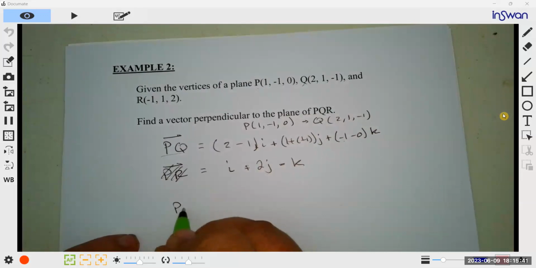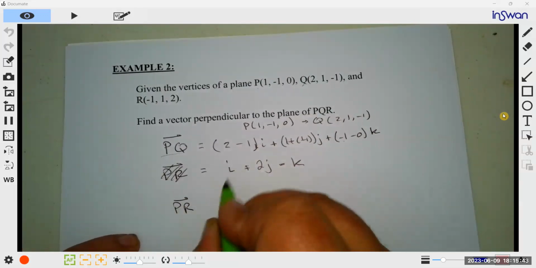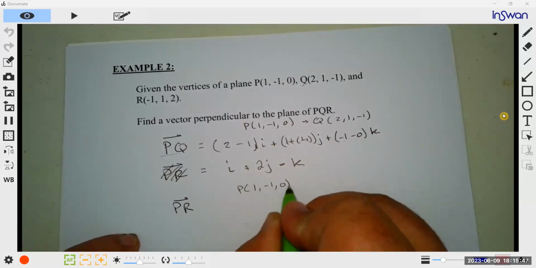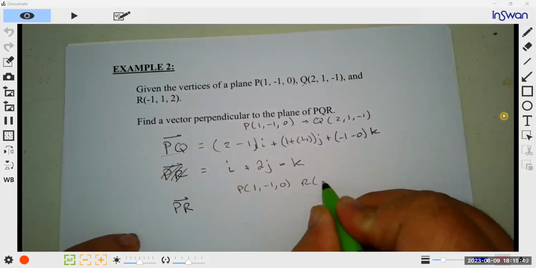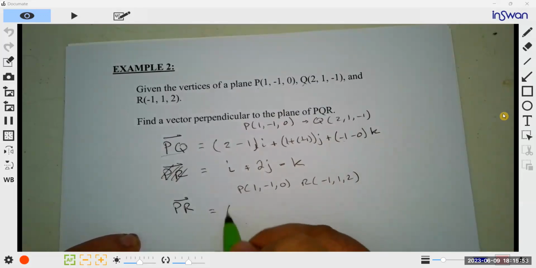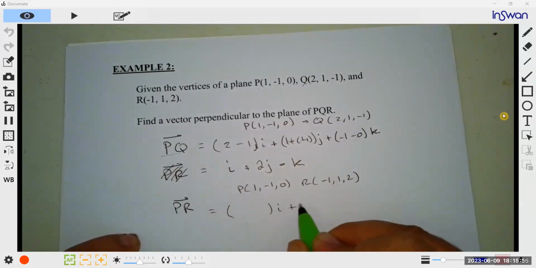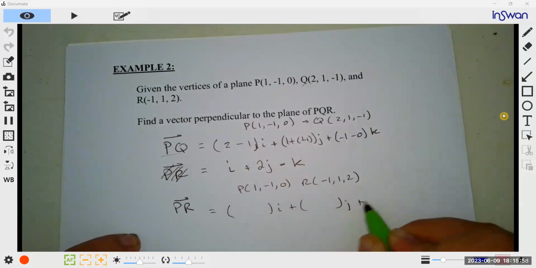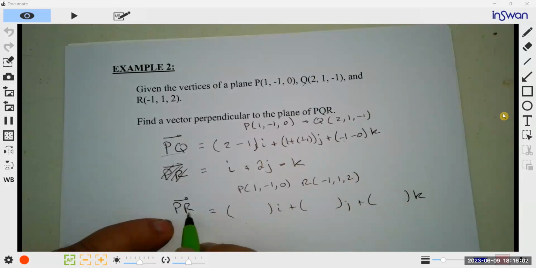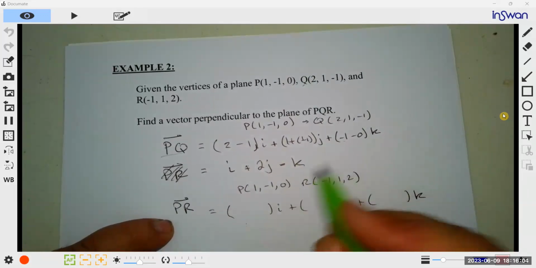Now I'm going to go from P to R. P is 1, negative 1, 0. R is negative 1, 1, 2. So since starting at P going to R, it's the second point minus first.